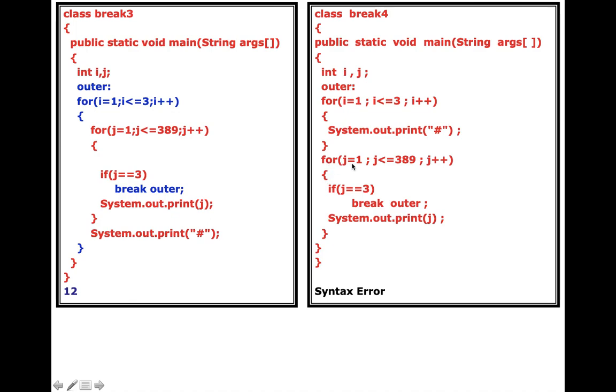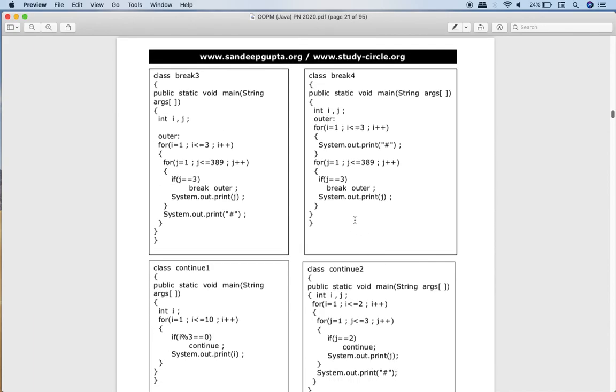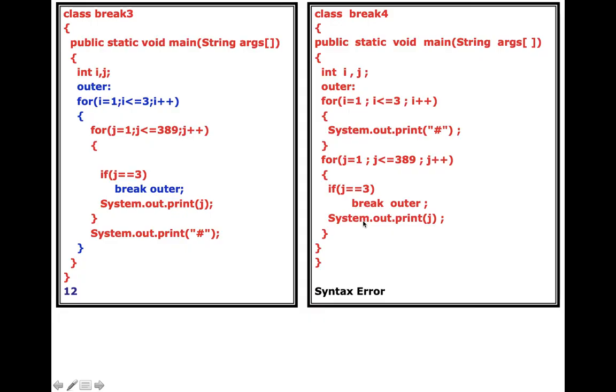Inside the for j loop we wrote break outer, but please understand that this for j loop is not labeled outer. So we have not put the labeled break inside a block with the same label, and that's why you are getting the syntax error. So what you can do over here is write syntax error, and you can also write a reason that a labeled break was not written inside a block with the same label. Alright, so that was the topic of break and labeled break.